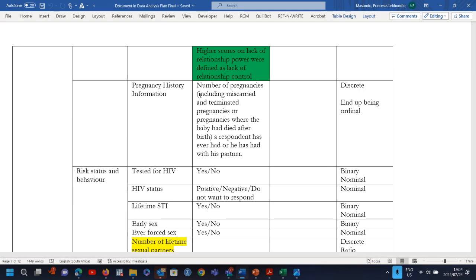So for example, if we look at this group and we look at number of pregnancies, for those who don't have kids, it's going to be 0. For others, it's going to be 1. Others, it's going to be 2. Remember, the participants are between 18 and 24. So you're not really expecting number of pregnancies 7, 8, 9, 5.